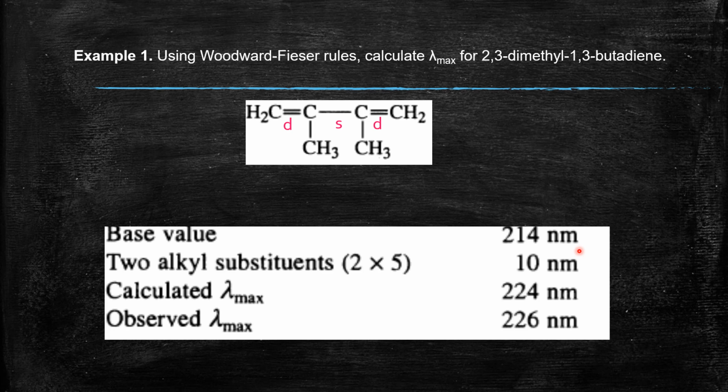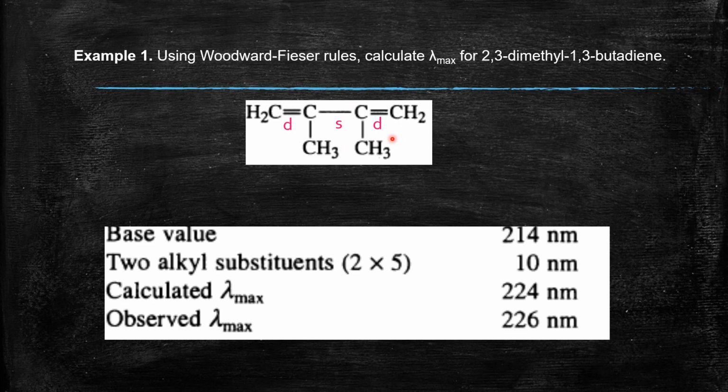Second, we have to check whether it has an exocyclic double bond. It doesn't, because this molecule is not cyclic. It is an open chain system, so this molecule doesn't have an exocyclic double bond. Third, whether it has a ring residue or alkyl substitution.